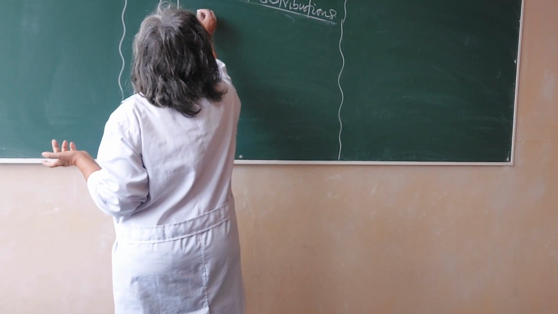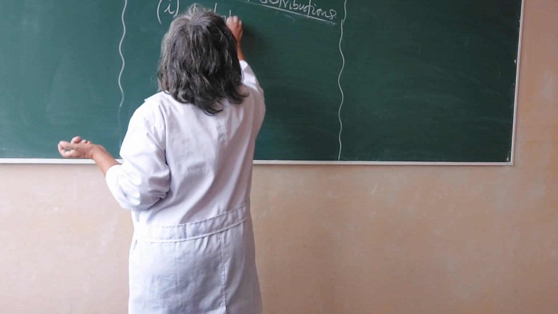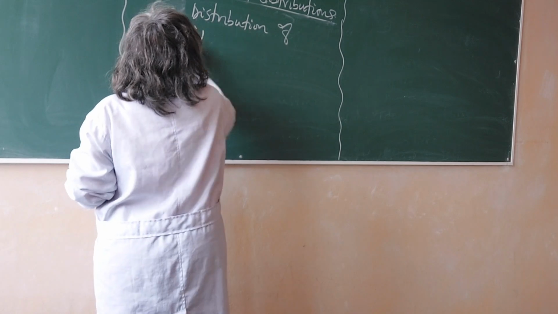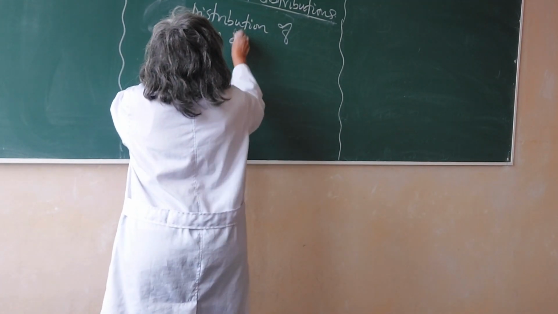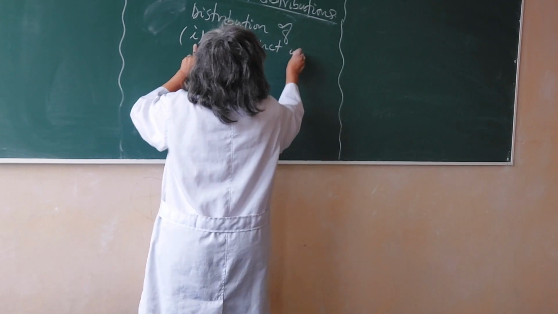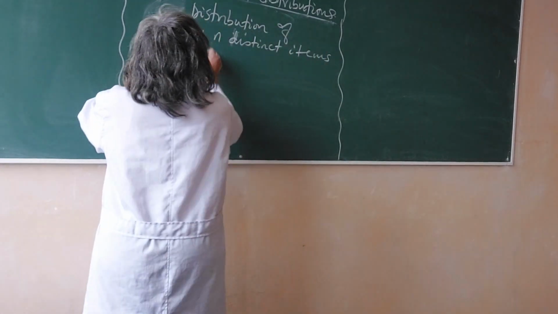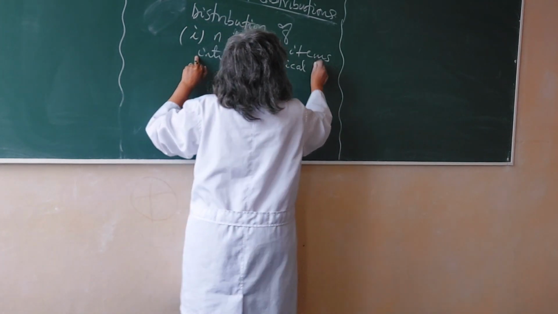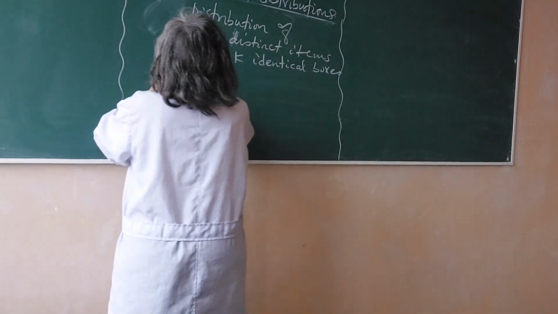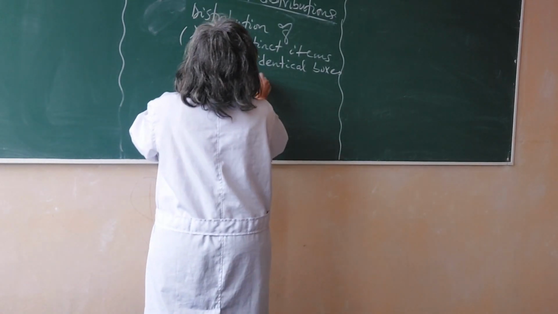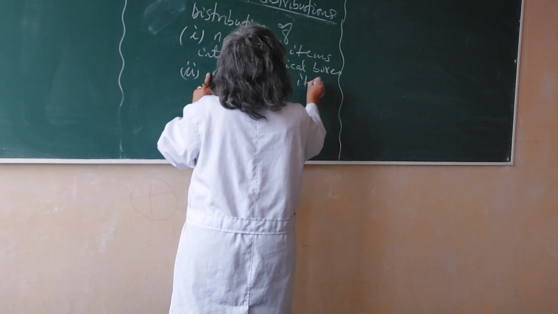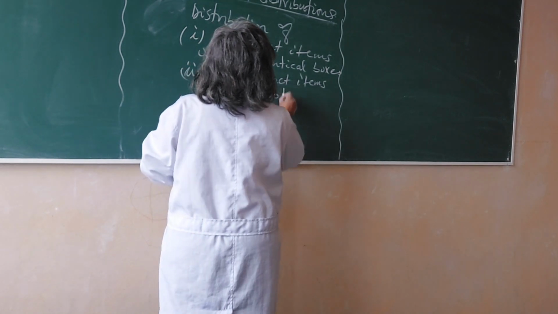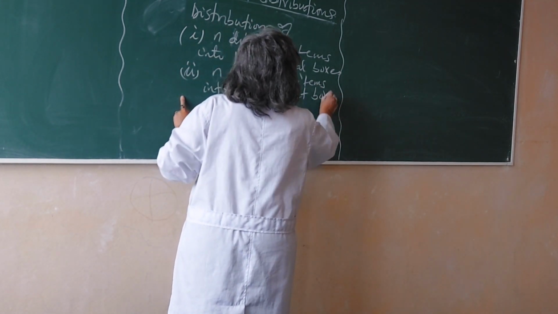First one was the distribution of n distinct items into k identical boxes. And then we have done n distinct items into k distinct boxes.